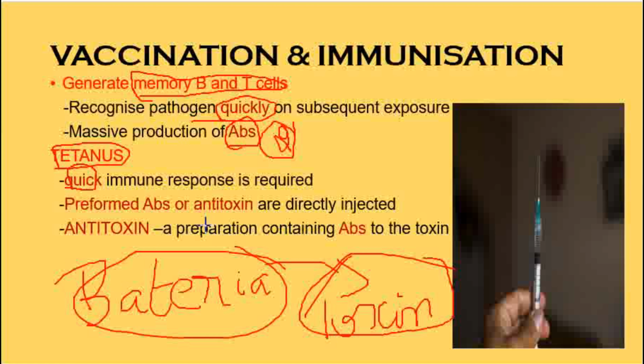We just inject preformed antibodies or antitoxin, because the toxin has already been released in our body and produces a detrimental effect. So we can't wait now. The antitoxin is a preparation containing antibody to the toxin. It is particular to this toxin, so it produces a neutralization effect.